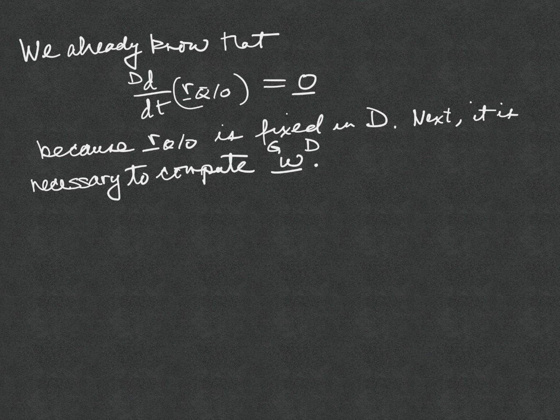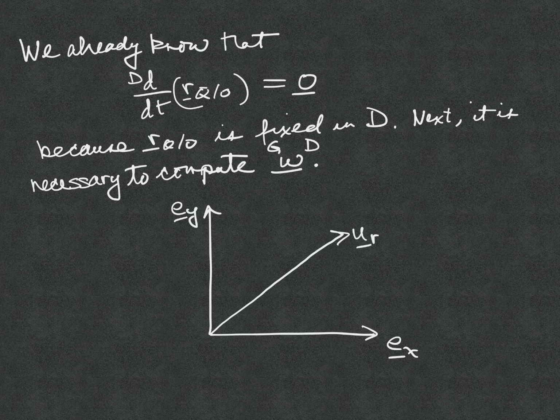Now, let's go back to the diagram. We can add to this diagram that basis UR, U theta, UZ. So there's UR, there's U theta, and then here's UZ. This angle is theta. Now, let's be really clear about this.